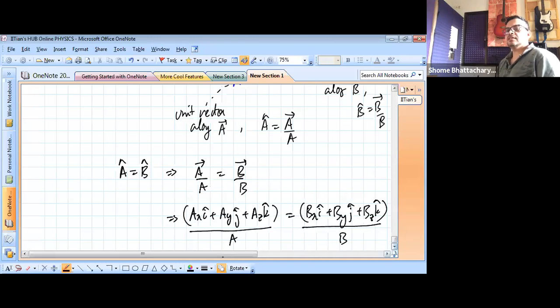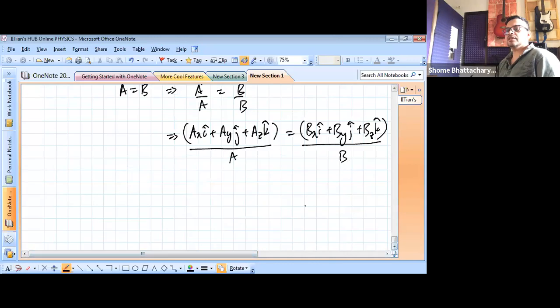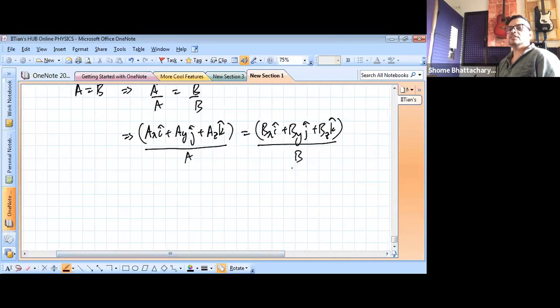Now you can see that if this vector is equal to this vector, that basically means their three components are equal.